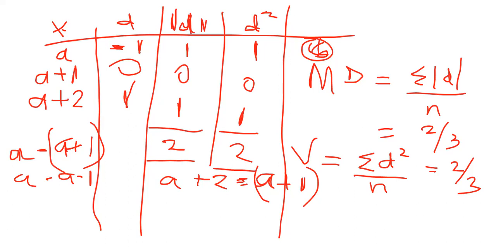We have seen mean deviation, then variance. C is variance. B is mean deviation. So it happens that the two values are the same. It's not always like that.